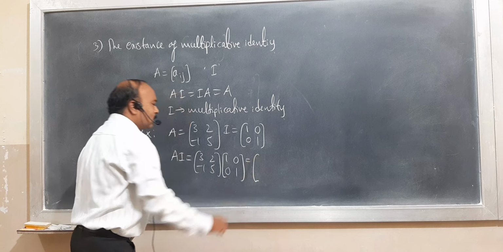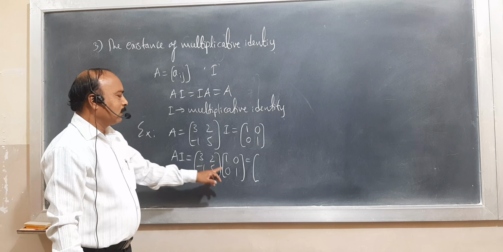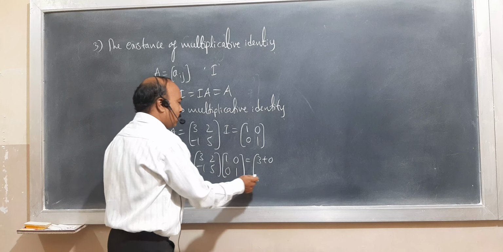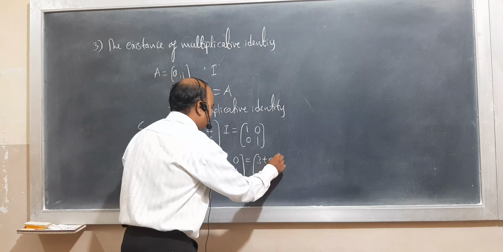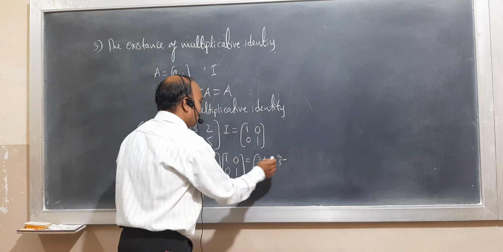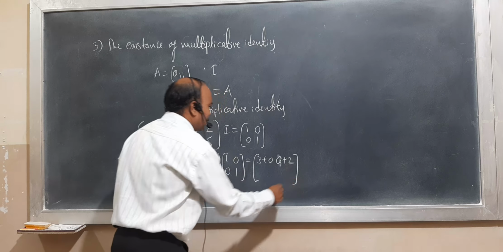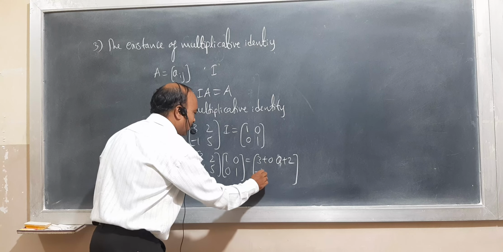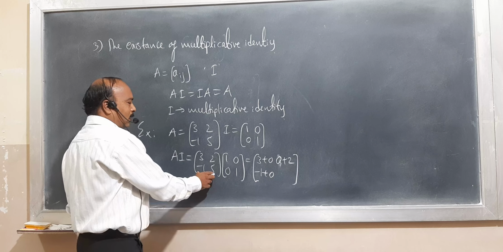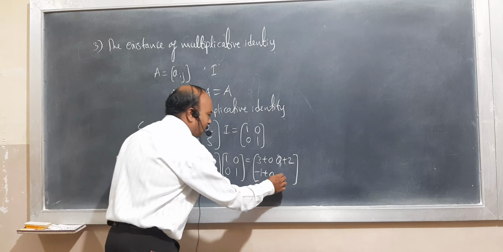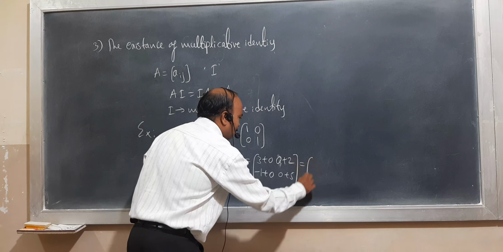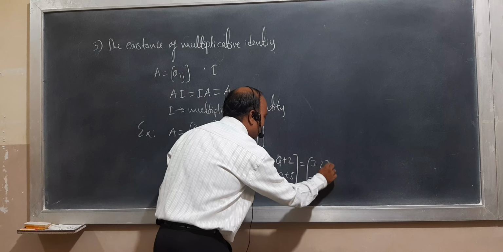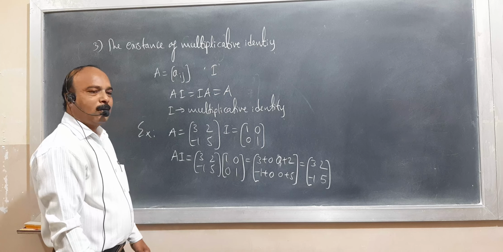So you get 3 plus 0, next 3 into 0 is 0 plus 2. Next the second row first column: minus 1 into 1 is minus 1 plus 0. Next 0 plus 5. So our answer is [3 2; minus 1 5], which is the same as matrix A.